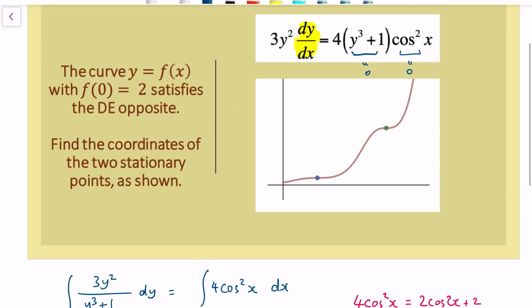Okay, so either y cubed plus 1 equals 0, which won't be the case, because if you look at the picture that's been given to you, the y values are always positive, and so y cubed plus 1 will not be 0, and therefore it must be cos squared x being equal to 0.